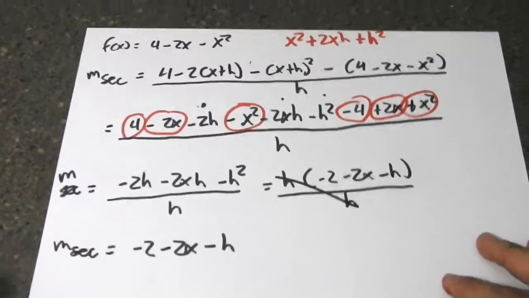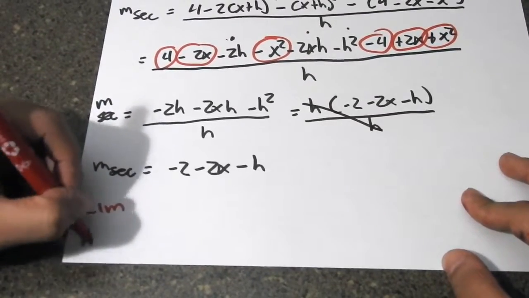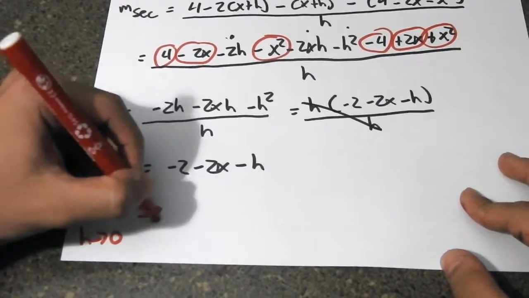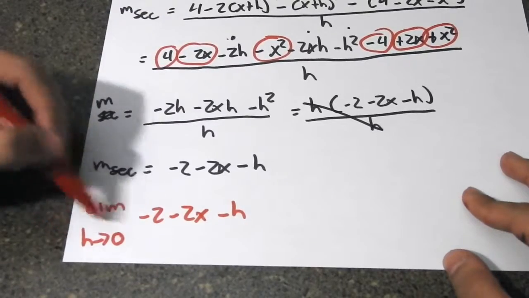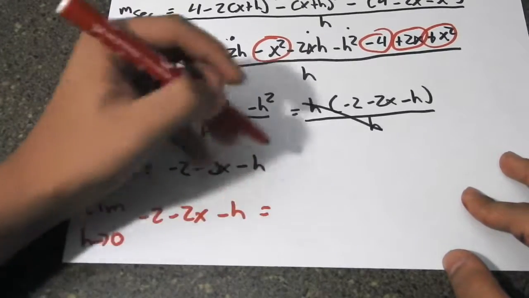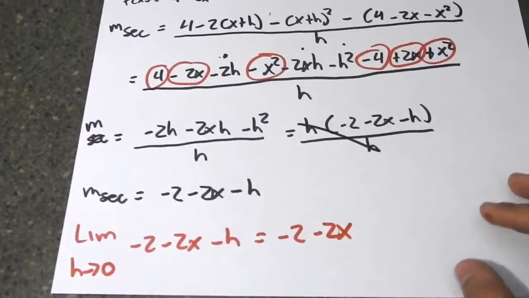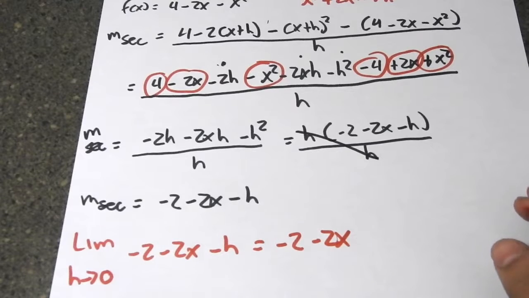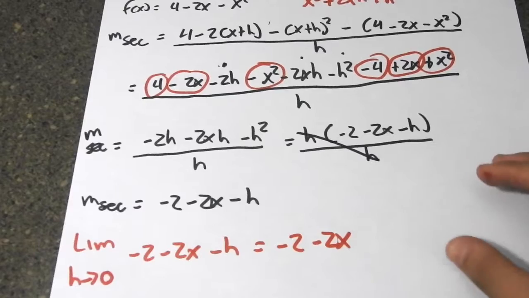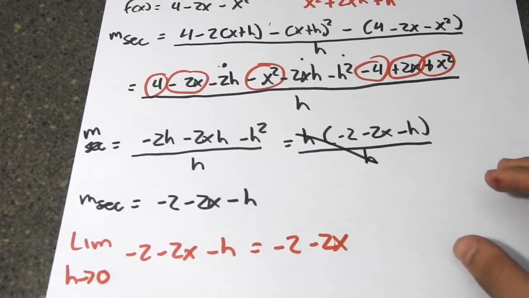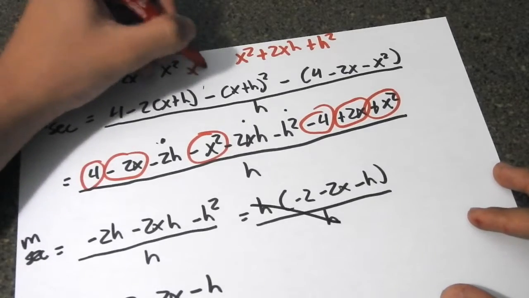So now we're going to apply the limit as h tends to 0 of minus 2 minus 2x minus h. And now we substitute 0 when we see an h, and this is going to be minus 2 minus 2x. Now the question is asking us to find the slope of the tangent and the equation of the tangent line when x equals 0.